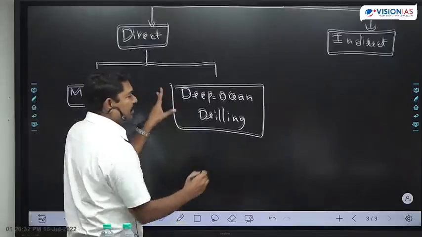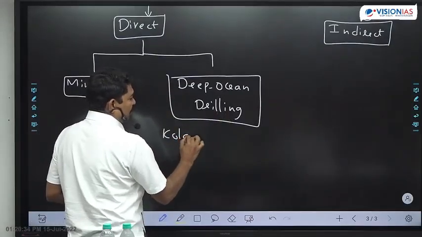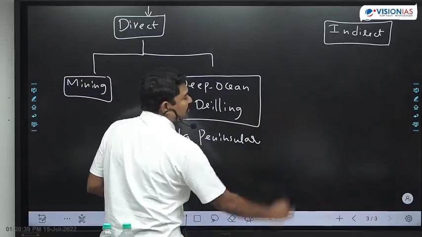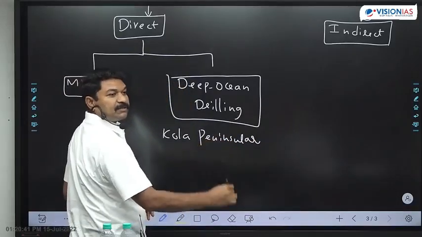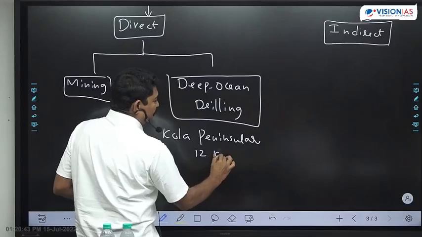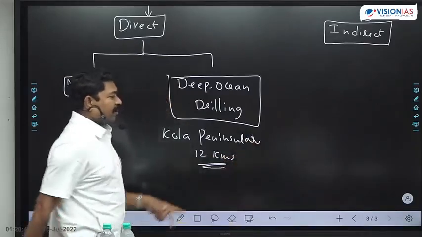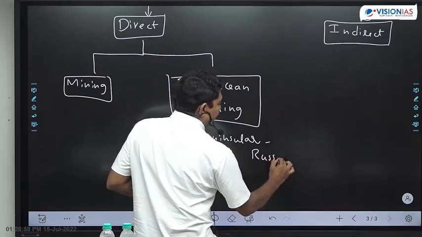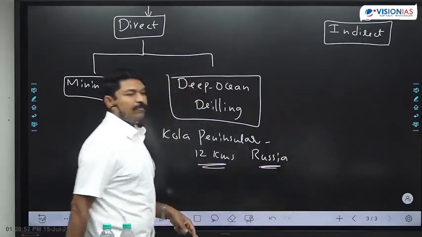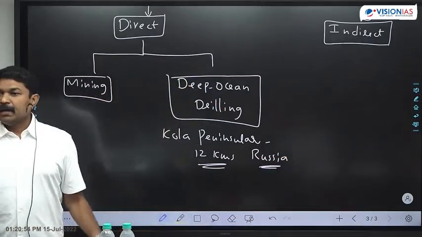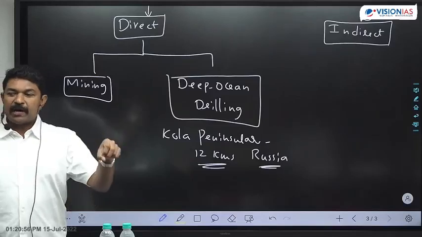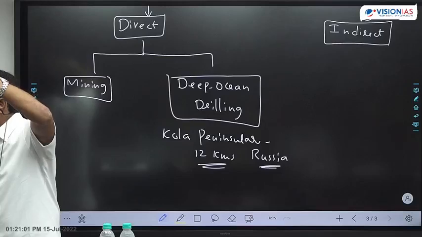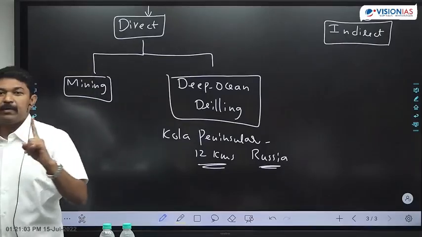At a place called the Kola Peninsula, in the Arctic region of Russia, man successfully dug up to 12 kilometers. People started drilling there and we have successfully drilled up to a depth of 12 kilometers.